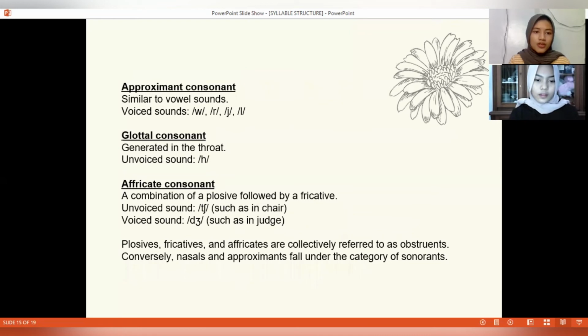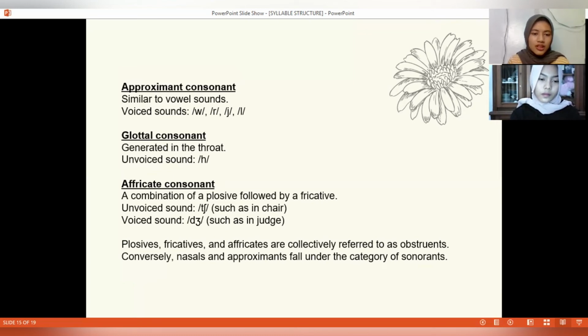Next, approximant consonant, similar to vowel sound. Voiced sounds are W, R, Y, and L. Next, glottal consonant, generated in the throat. Unvoiced sound is H. Next, affricate consonant is a combination of a plosive followed by a fricative.